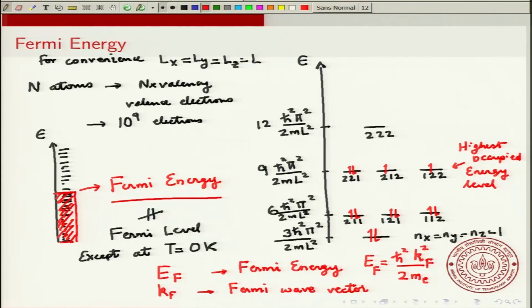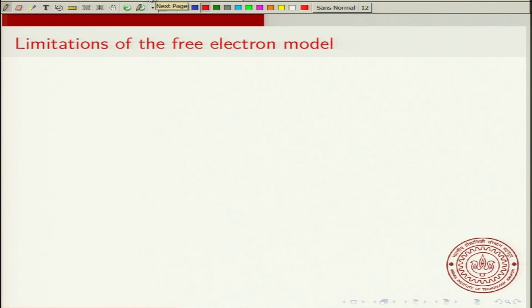So now let me conclude this lecture by saying what are the limitations of the free electron model. First thing is electrons see a lattice. So electrons are not just free, they actually see a lattice.